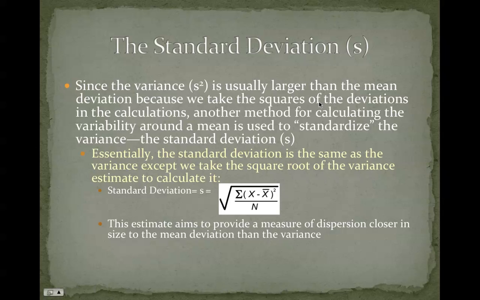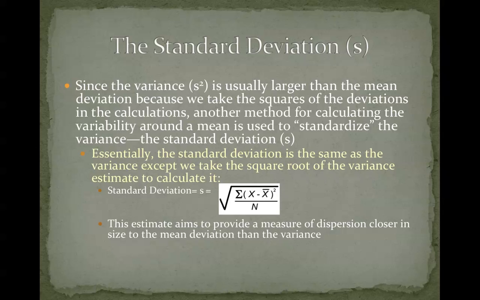The last measure of dispersion is the standard deviation. The standard deviation, symbolized by S, is essentially just the square root of the variance. The variance, S squared, is usually larger than the mean deviation because we took the squares of the deviations. Another way of calculating the variability around a mean is to standardize that variance, the standard deviation.